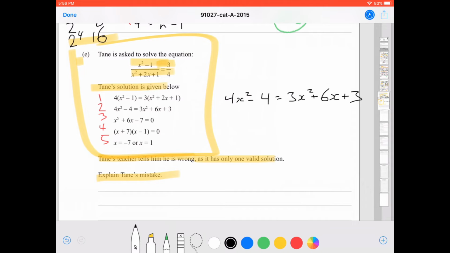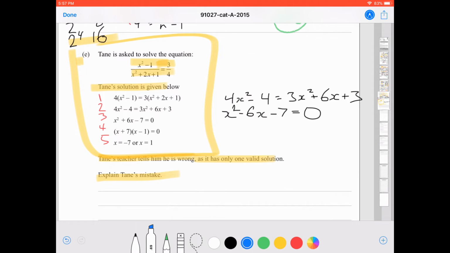And so if we were looking to bring everything to one side, putting it into ax squared plus bx plus c form, which is what Tane has done here, we'd bring everything to the left-hand side, and so we'd go 4x squared minus 3x squared equals x squared. Positive 6x becomes negative 6x, and minus 4 minus 3 becomes minus 7, and that all equals 0.